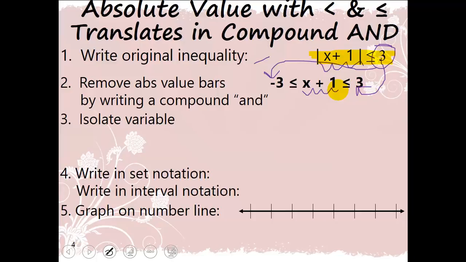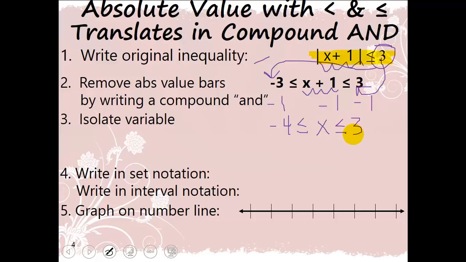The opposite of the number goes on the left, the positive of the number goes on the right, and the expression goes in the middle without absolute value bars. Notice that the absolute value bars are gone. Now I'm going to isolate my variable. I do that by subtracting 1 from every section. So I get negative 4 is less than or equal to x is less than or equal to 2.